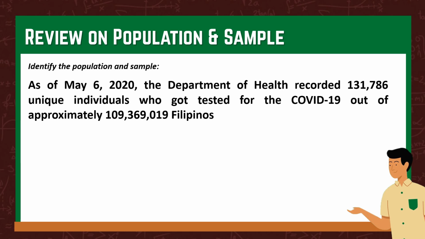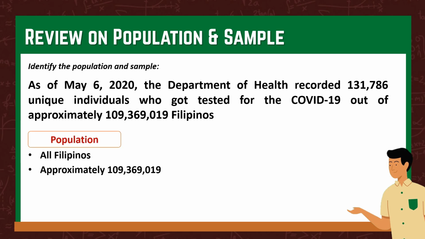So, alin dito ang population at alin dito ang sample? The population in this case ay all Filipinos na may approximate na bilang na 109,369,019. Ang tawag sa bilang na ito ay population size.